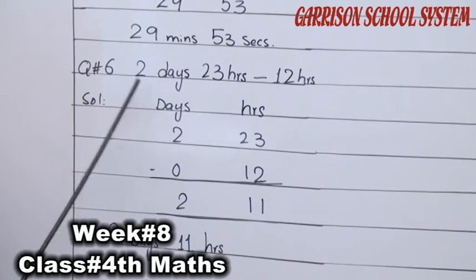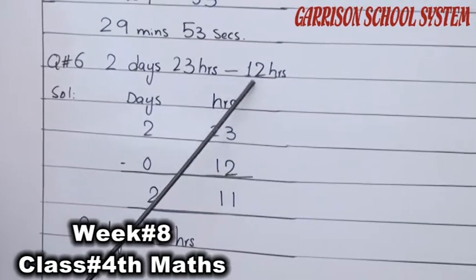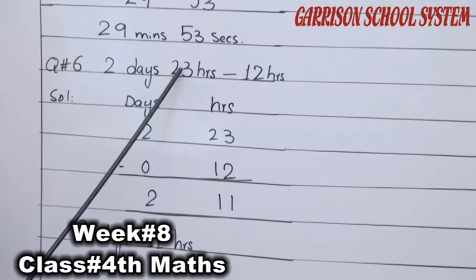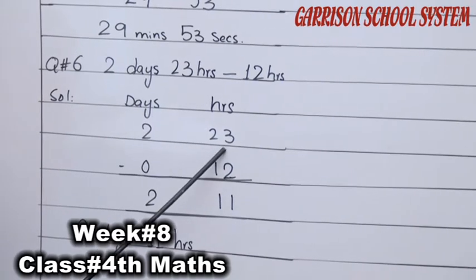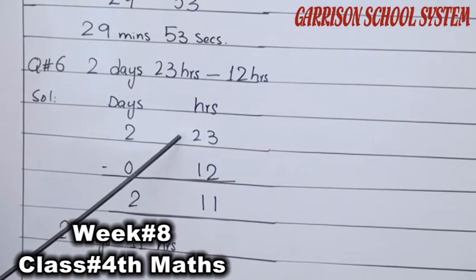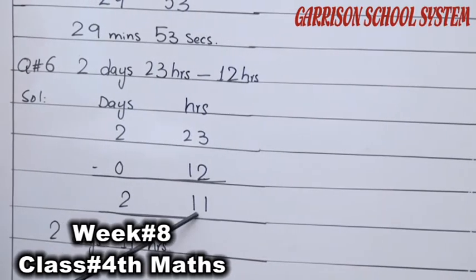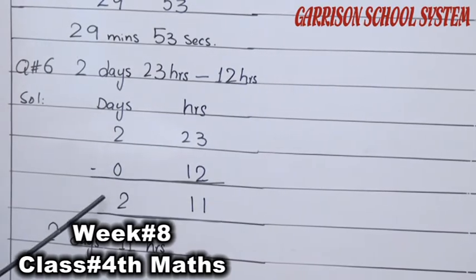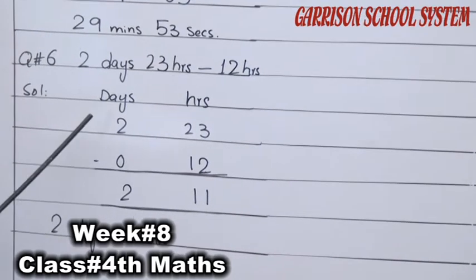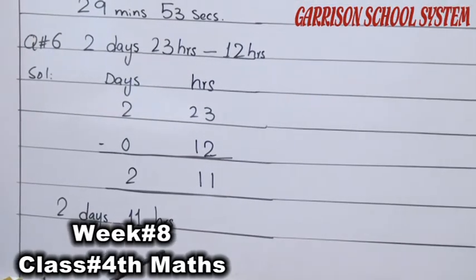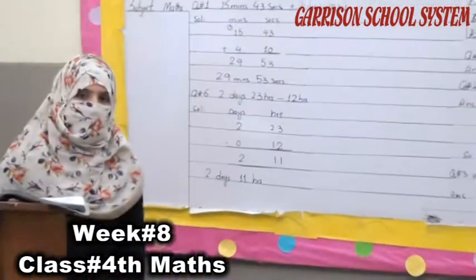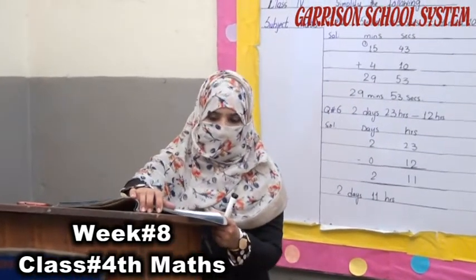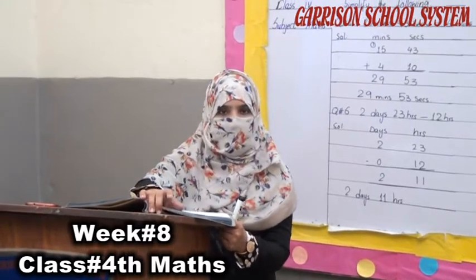Then we write days, 2 days, and here days is not written, so we write it as 0. 23 hours, and here 23 minus 12: 3 minus 2 is equal to 1, and 2 minus 1 is equal to 1, and 2 minus 0 is equal to 2. The answer is 2 days and 11 hours. Next, question number 7 and question number 8 are the same. You can do them yourself. Next, we start exercise 5.